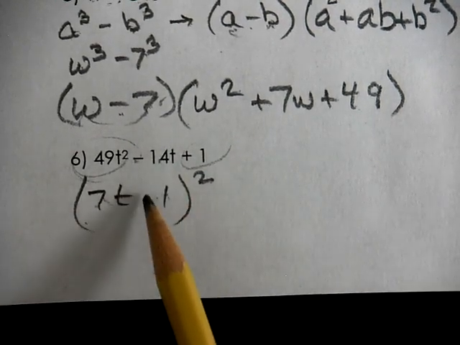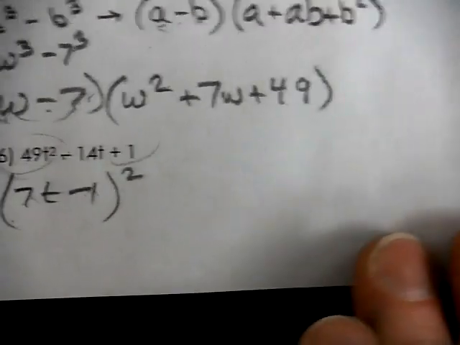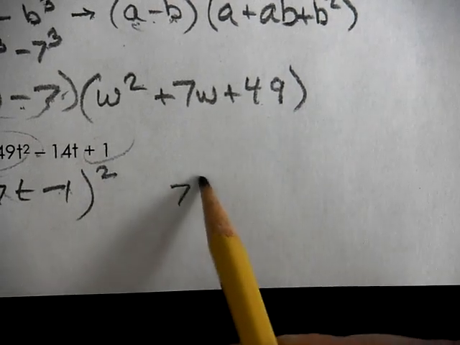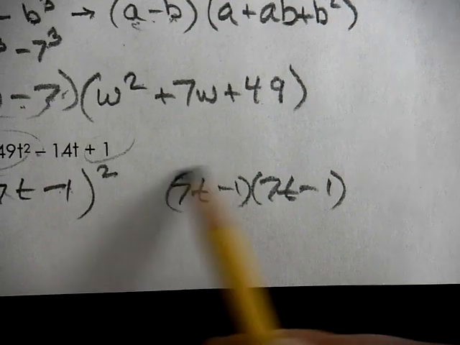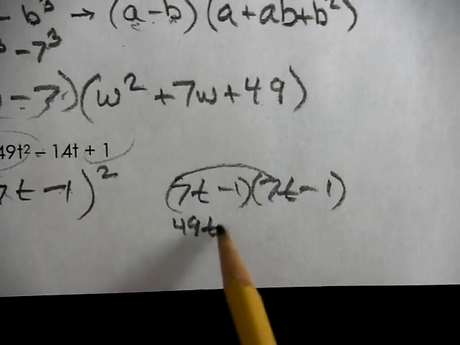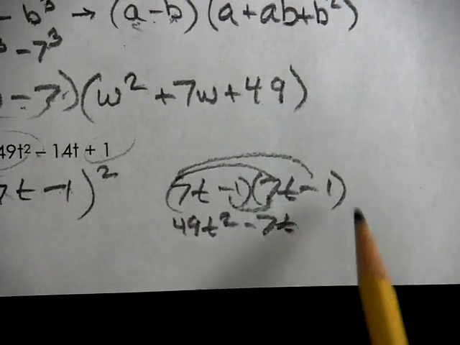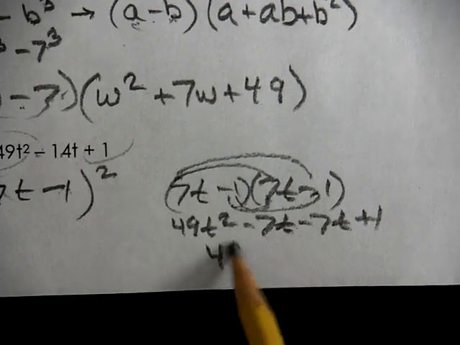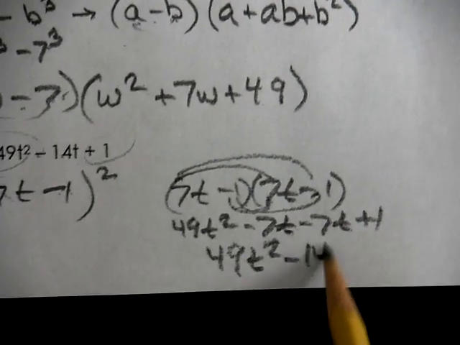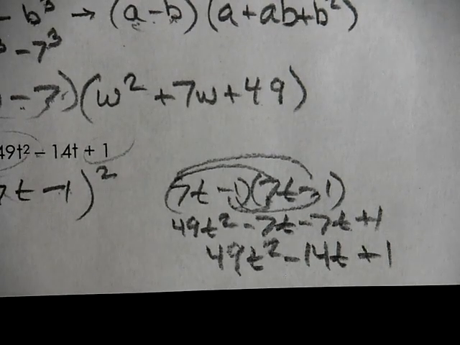And because it's a negative 14, it's going to be a negative 1. If you think about it, 7t minus 1 and 7t minus 1, when you FOIL this, you can always check your work. Negative 7t and negative 7t and positive 1. You can always check your factoring. Good luck.